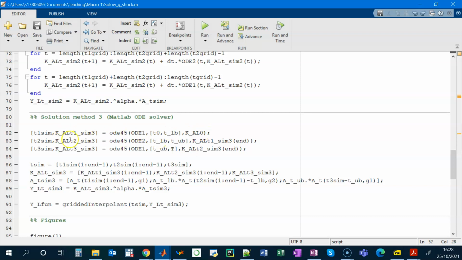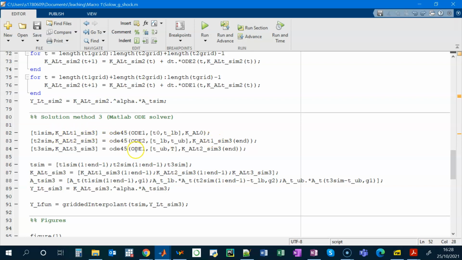The second line here, line 83, is going to solve capital per effective worker at any point between t lower bar and t upper bar. So you can see I'm now using ODE2, which has the higher growth rate. I'm now plugging in time indices between t lower bar and t upper bar, and I'm plugging in an initial condition, which is just the endpoint of this series for capital per effective worker that I've just found.